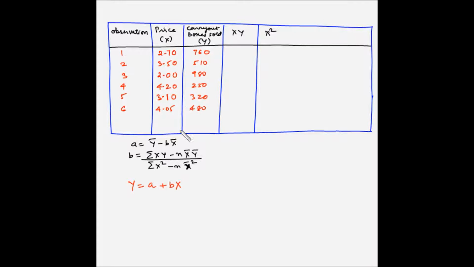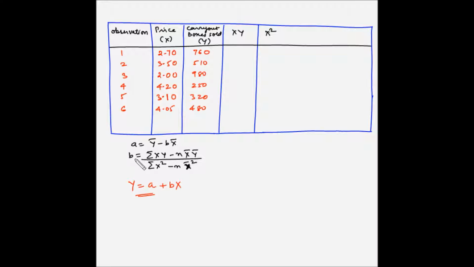Our main goal is to arrive at this equation here, which is the regression equation. And in order to arrive at this equation, we have to find out the values of a and b. And the values of a and b can be found using these two formulas. So first let's find out the value of b.